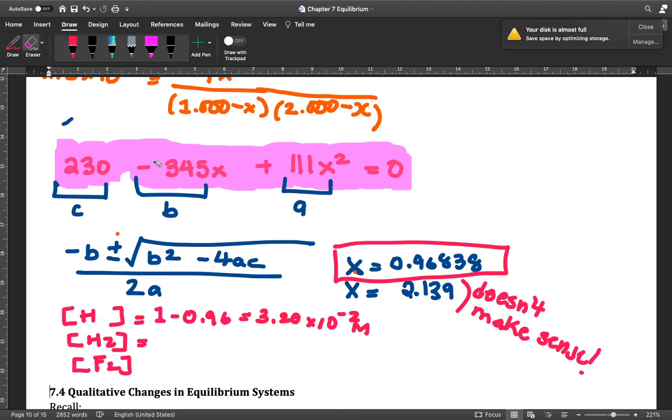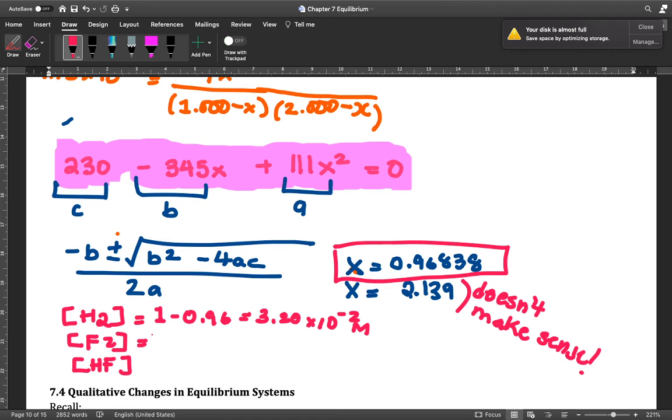Okay, so for H2, I know that it's 1 minus X, which gives me the concentration of H2 at equilibrium.